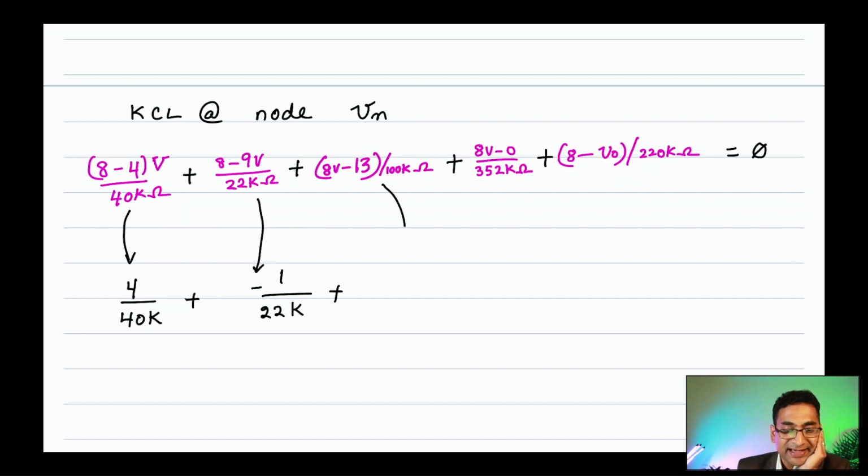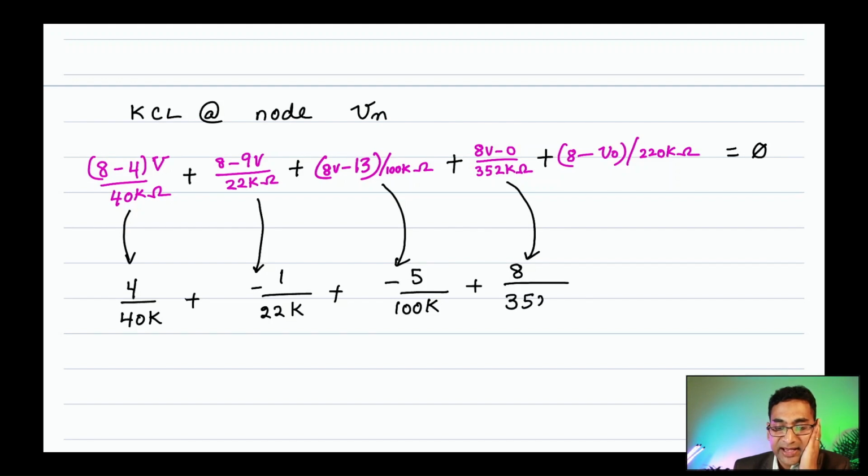plus this guy is going to be 8 minus 13, which is negative 5 over 100k, right? Plus this guy is simply 8 divided by 352k. Plus now 8 divided by 220k.